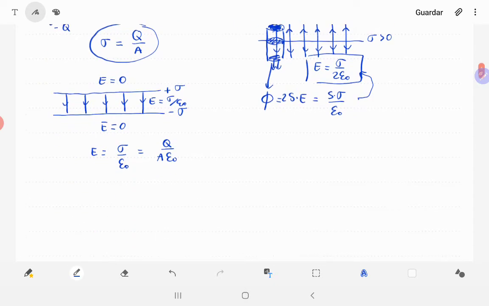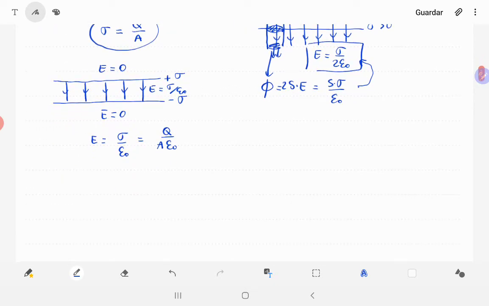And for that, we have to bring back our knowledge. If this is point A and this is point B, we know that VA minus VB, which is directly what we are calling the potential difference, is going to be minus the integral from B to A of the electrical field dotted with the differential of path. So we're going to take a path that just goes from one to the other, parallel to the electrical field. And as the electrical field is constant, it does not depend on the path.